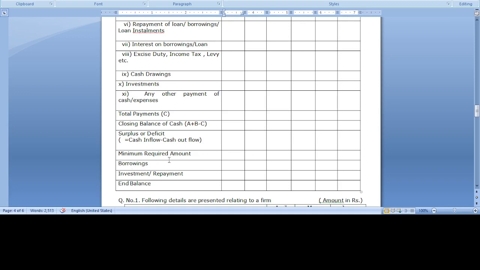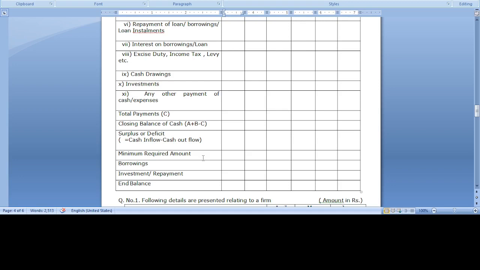And here borrowings are needed if money is not sufficient, because you have to keep the minimum required amount. Suppose you have excess money, you have to invest, or you can repay the borrowings, and you will get the end balance. The last four columns you have to know for knowledge purposes, but up to surplus or deficit you will get the question.